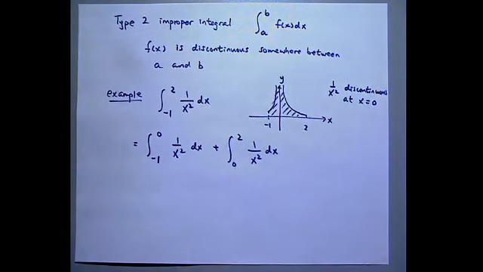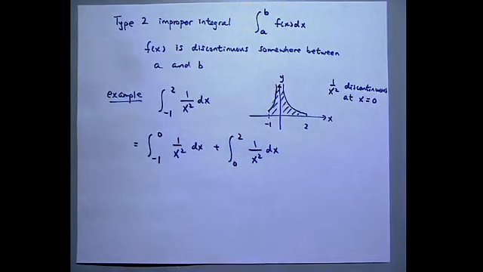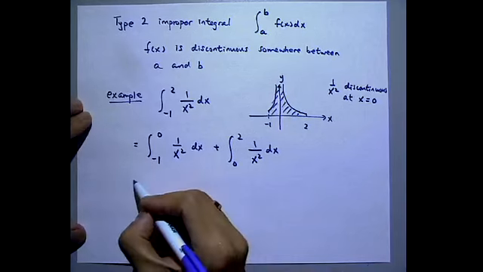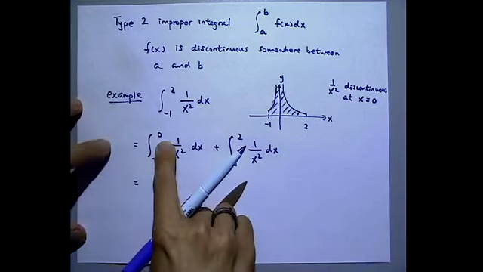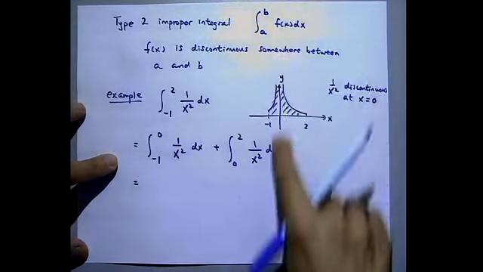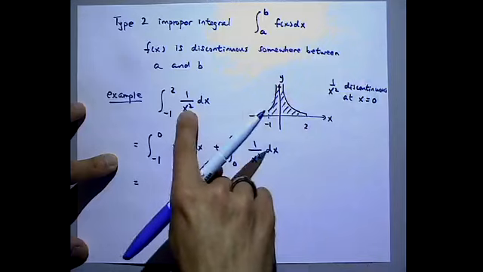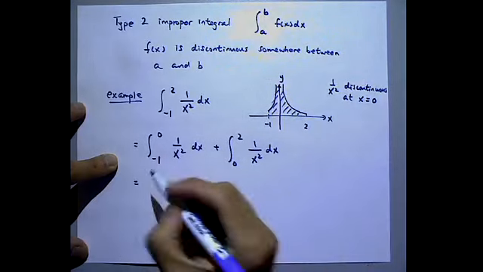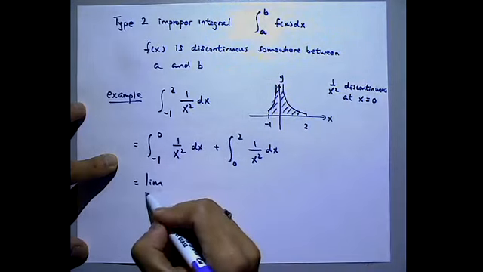Zero is that line we can't cross. And of course, we can't integrate to 0 because we have a discontinuity here. That function doesn't exist at 0. So we do this.